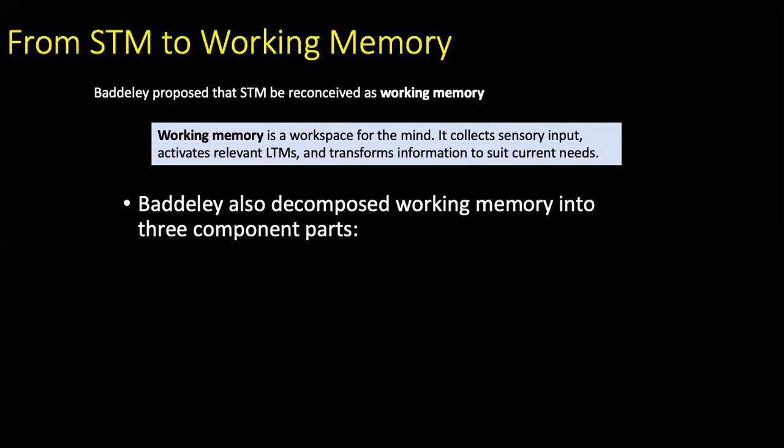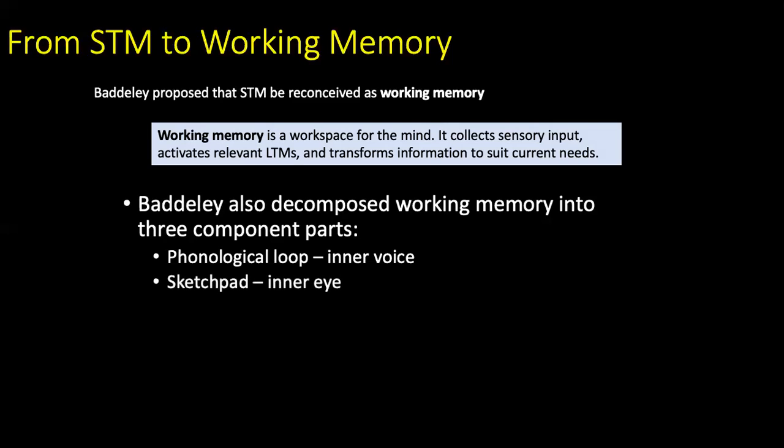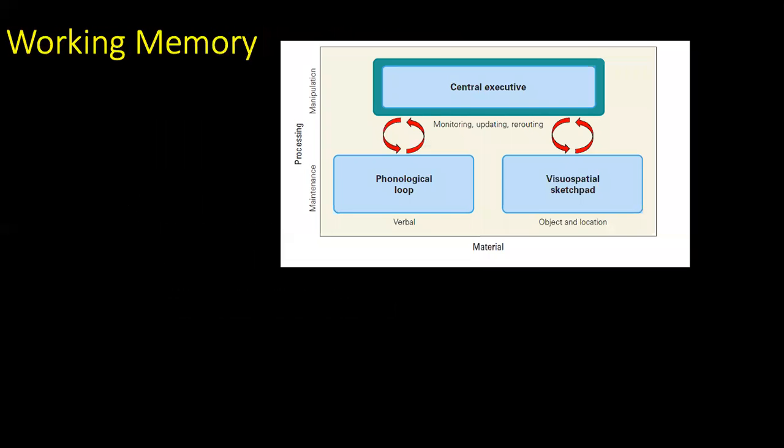And he also breaks it down into three pieces: the phonological loop, which is kind of like our inner voice; the visual spatial sketchpad, which is kind of like the inner eye, our ability to visualize things in our conscious awareness; and then the central executive, which is paying attention and manipulating these pieces of information.